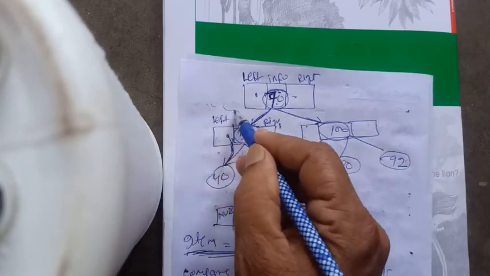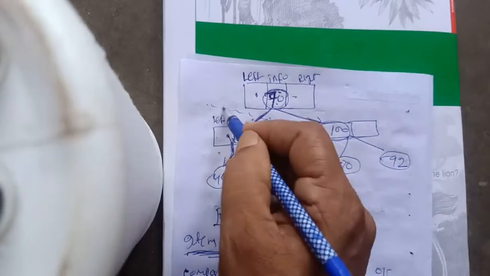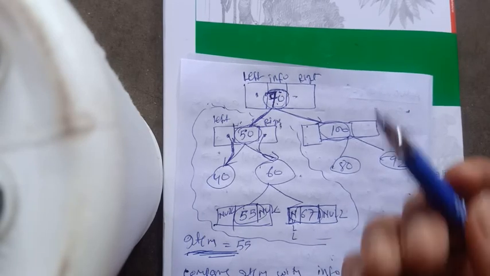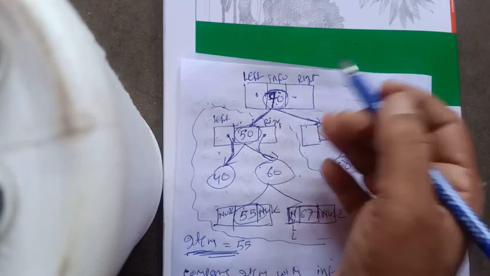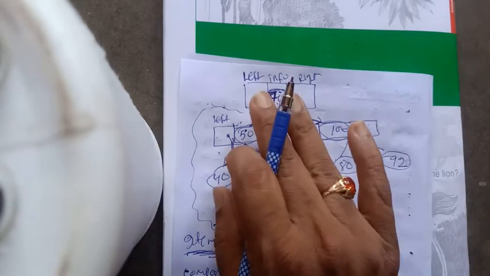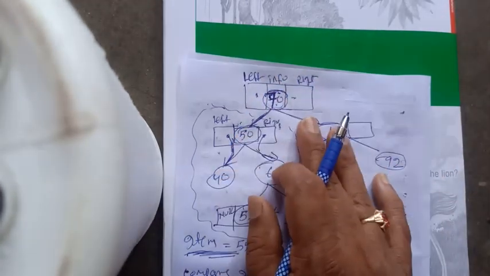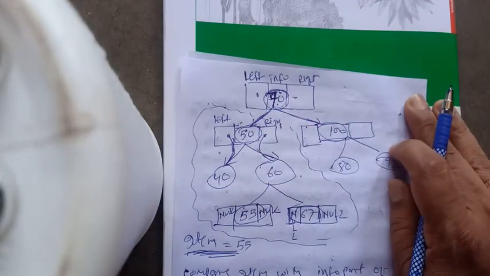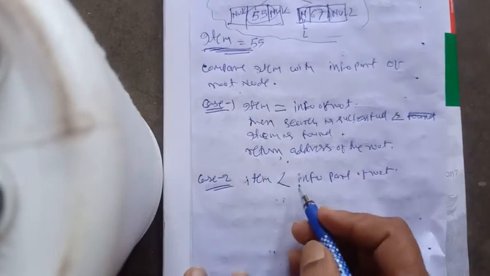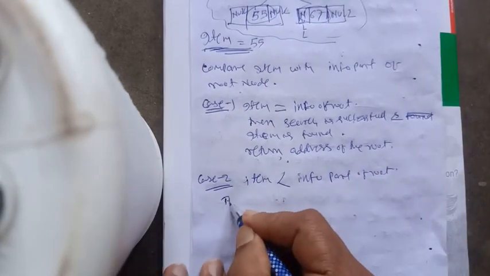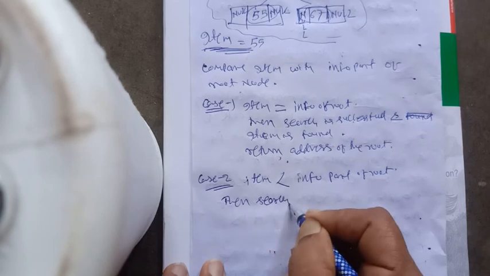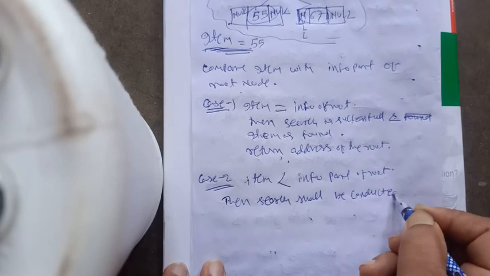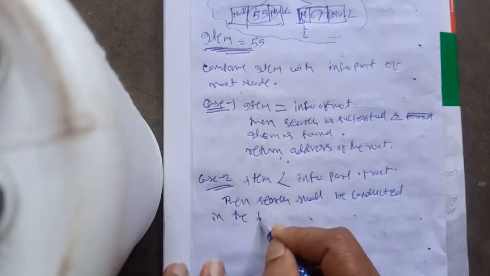If the data item is greater than the data of root, then the data might be present in the right subtree. So if the item is less than the info part, the search shall be conducted in the left subtree.